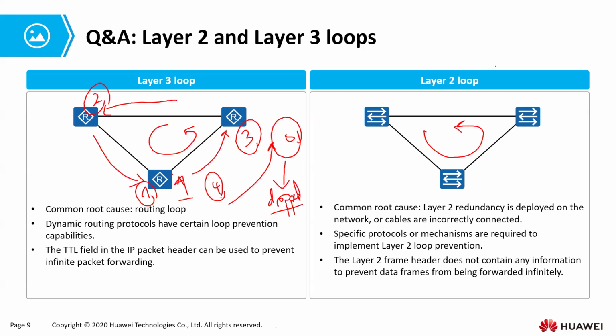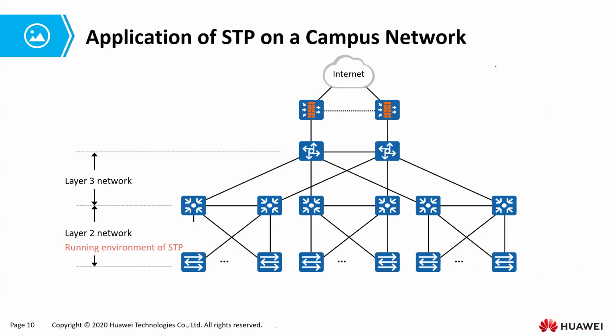If you have redundant links and a loop, a frame continuously stays in the network because we don't have TTL. To solve that, we have STP. So we have layer 3 loops and layer 2 loops, but layer 3 loops are not much of an issue because of the TTL mechanism.